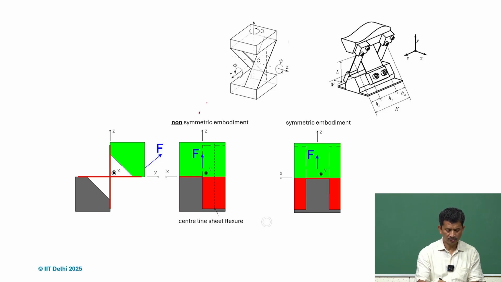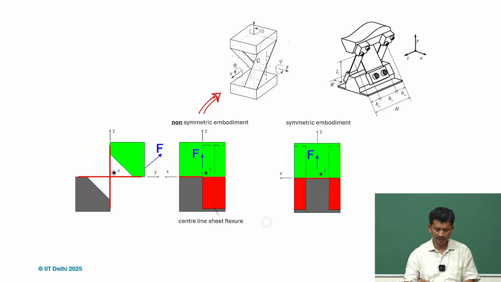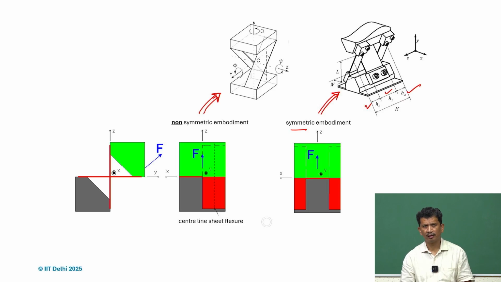So this is the non-symmetric embodiment, but we can get the symmetric embodiment also, with the same mechanism. What we do is split and move to either side. You can see that if this is H_i, the inner part, then H_0, the width, will be half of the center section, and we split and put it on either side, and we get the symmetric embodiment.